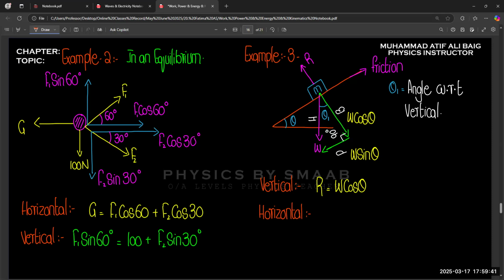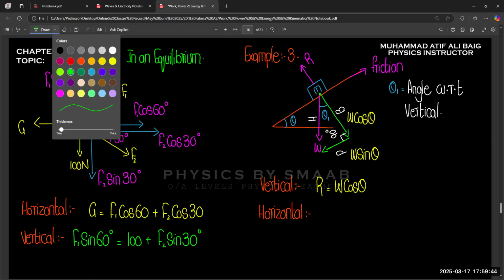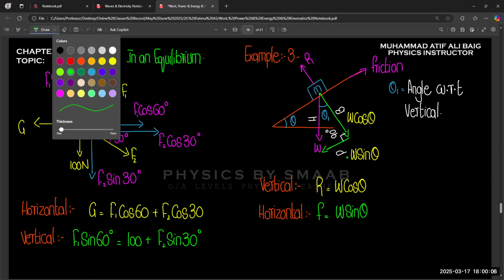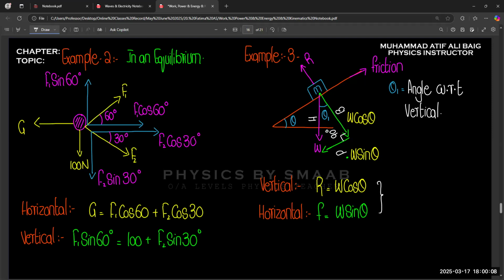And for horizontal forces, on one side we have friction, and on the other side we have this component W sin theta, because it is parallel to the surface of the inclined plane. So this happens when the body is in equilibrium state.